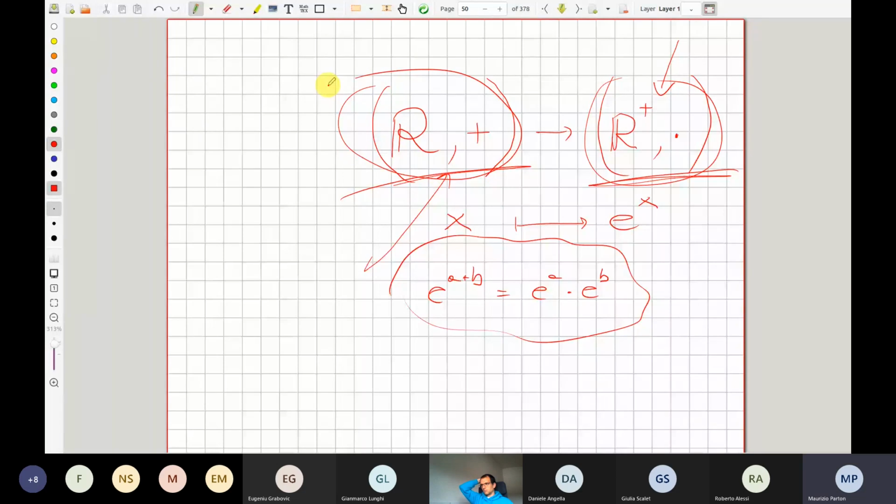That means whatever theorem you prove here regarding addition in R, you can translate into a new theorem, but actually exactly the same, about multiplication in R plus, and vice versa, with the inverse map, which is, by the way, the logarithm, which is transforming the product into sum.